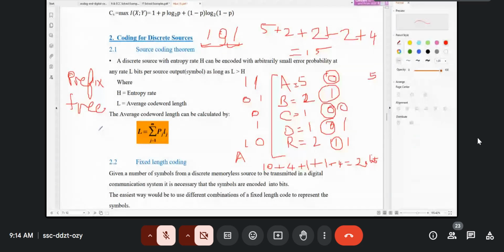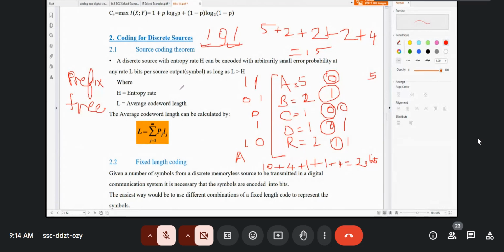But for our case, I want us to stick to prefix free code instead of prefix. So in information theory, sometimes prefix just means prefix free, which is odd.